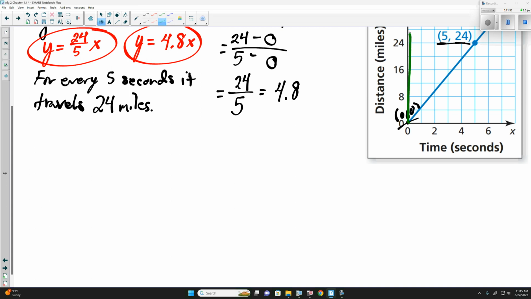Because the y-axis is our distance, and our x-axis is our time. So if we want to know time, we're solving for x. And we can plug 17,200 in for y in our equation. Now we just need to solve for x.